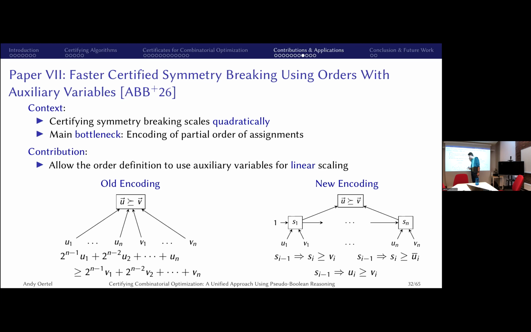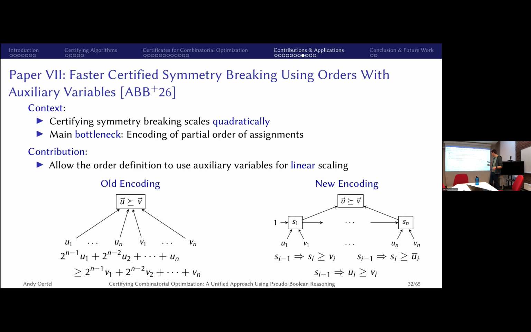And if we have n of these coefficients, then we have n squared size in the encoding. But with the new encoding, we can use auxiliary variables, which basically say that when we're comparing two binary strings, the strings are equal up to position i, where i is the index of this s variable.